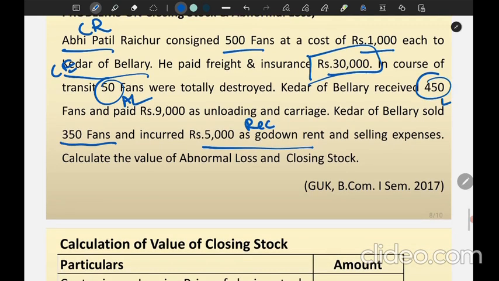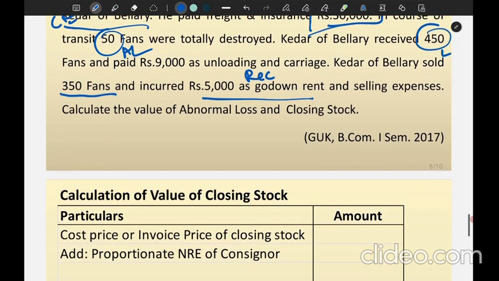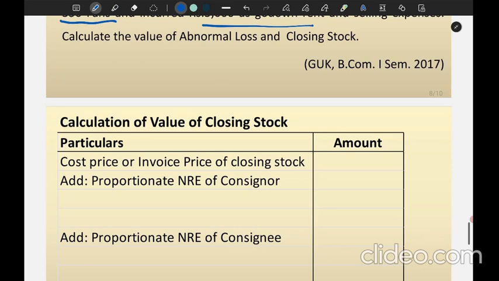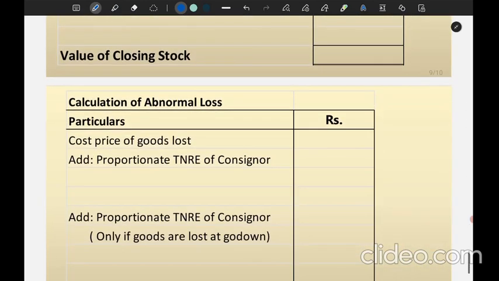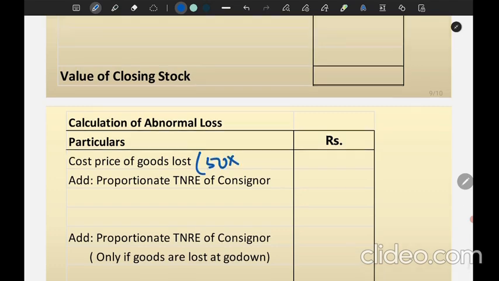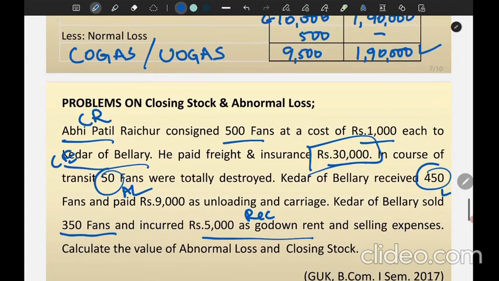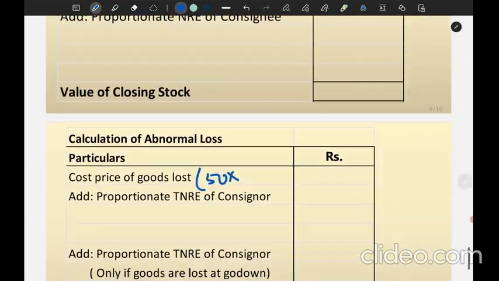Okay, so first, what is the cost price of the goods lost? 50 fans were lost in the transit. Into 1000, it will be 50,000.